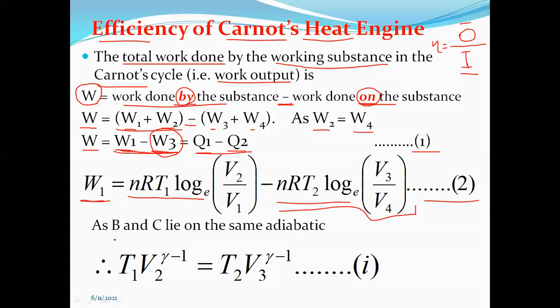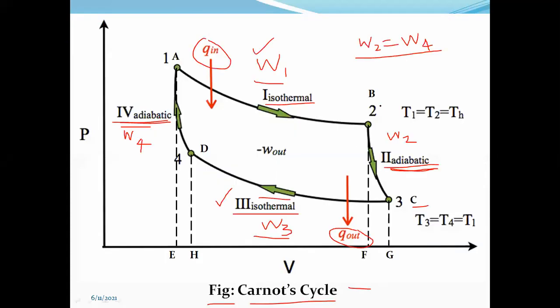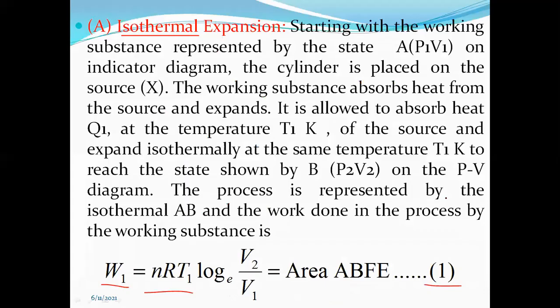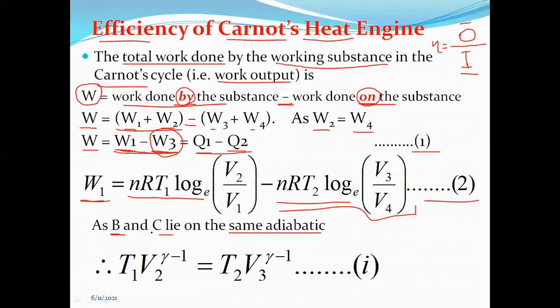As we know very well, B and C lie on the same adiabatic. So where is the adiabatic? B and C, in the case of the indicator diagram, this B and this C. If you remember the indicator diagram, or the adiabatics and isothermals diagram of the last chapter, that is heat and thermodynamics, you will come to know that these two points, B and C, lie along the same adiabatic.